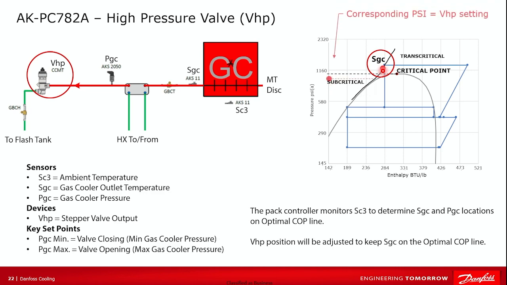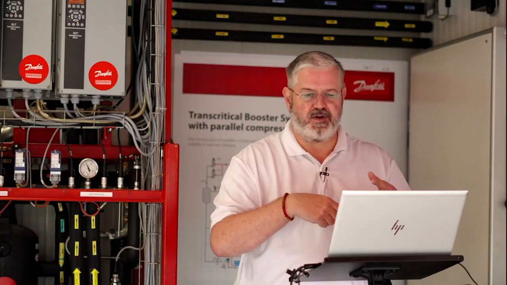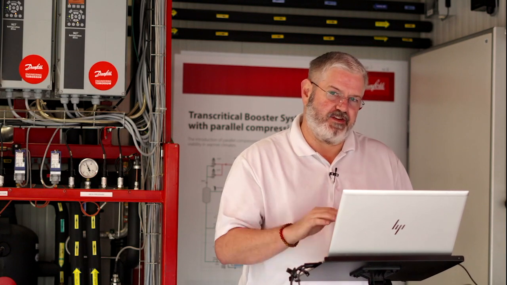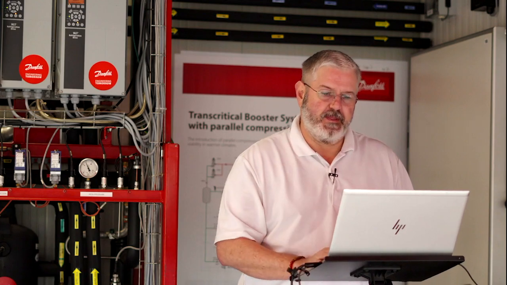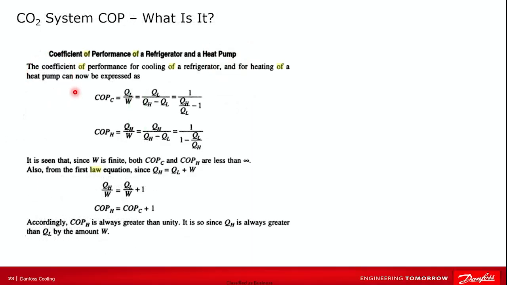Whatever the pressure needs to change to get the gas cooler outlet temp back to the optimal COP line, that corresponding pressure is the setting. All that happens under the hood. It doesn't tell you anywhere what it's thinking. It's doing this hundreds of times per minute, so it is kind of magic. You just give a bottom range, top range. So I mentioned COP.